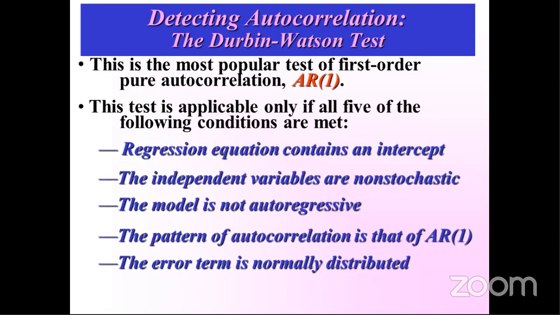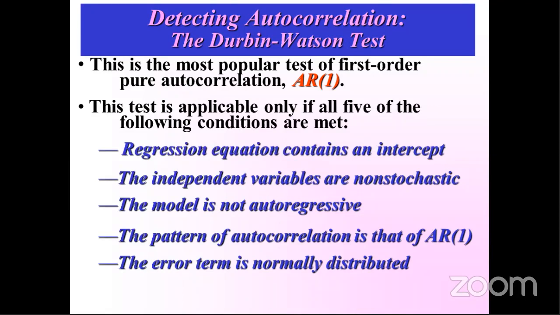So we have several rules of thumb. They are called rules of thumb for detection, and rules of thumb for the solution or correction measures.